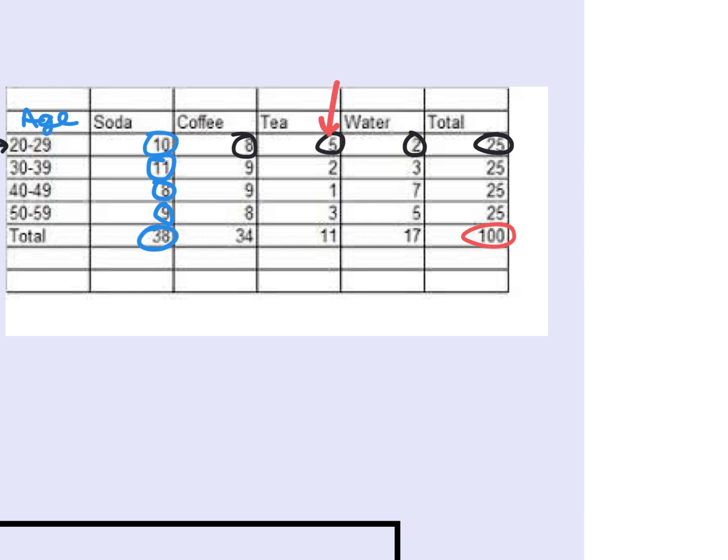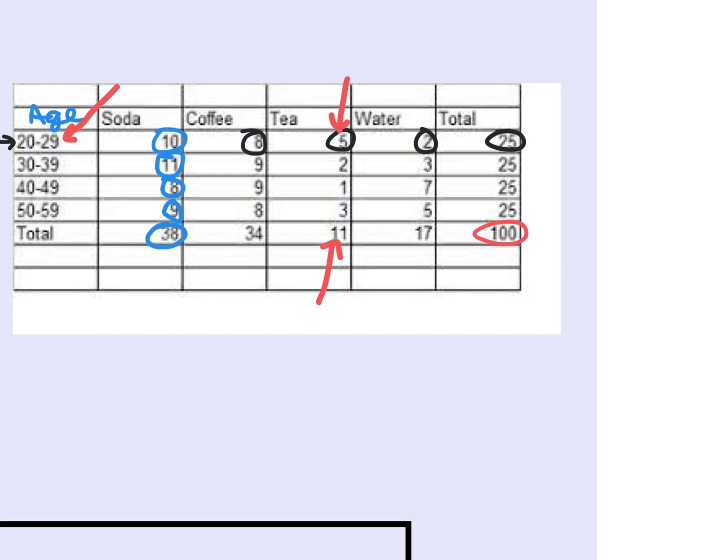These were the 5 people who were in this age range and liked tea. This 11, that would have been the total number of people who liked tea. Okay, so that's that 11 right there. So if you were only talking to tea lovers, then you would zoom in on this category right here, and you'd say, what's the probability that we have somebody who's in their 40s and likes tea?